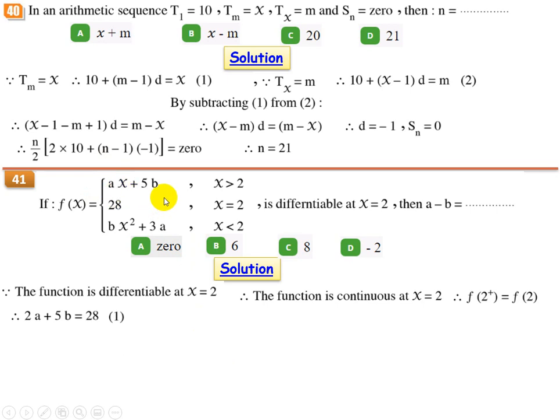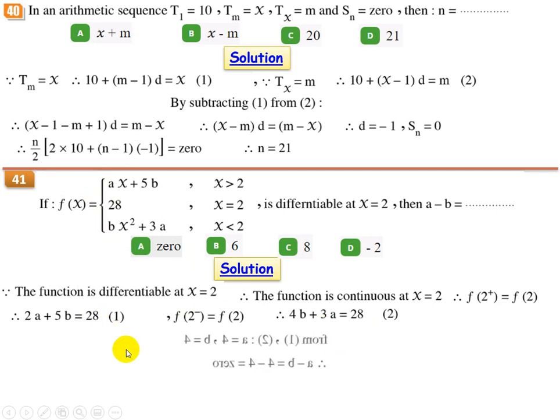So a times 2 plus 5b equals 28. This is equation 1. And f of 2 from the left equals f of 2 also. So b times 2 squared plus 3a equals 28. This is equation 2. By solving equations 1 and 2 together, you will find that a equals 4 and b equals 4. So a minus b equals 0.